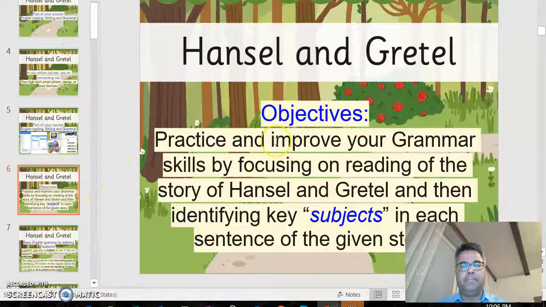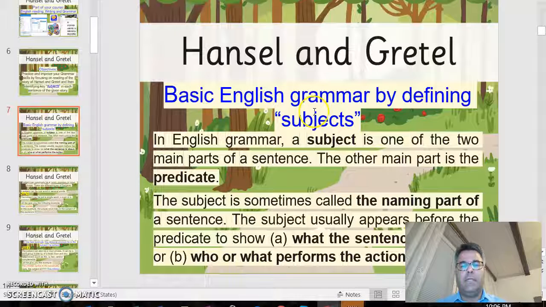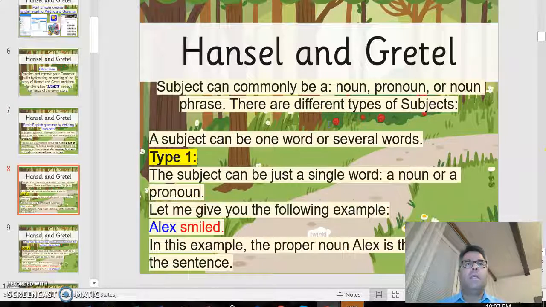Okay, so here, as we can see, the subject is sometimes called the naming part of a sentence, and the subject usually appears before the predicate to show A, what the sentence is about, or B, who or what performs the action. Exactly. Next page.